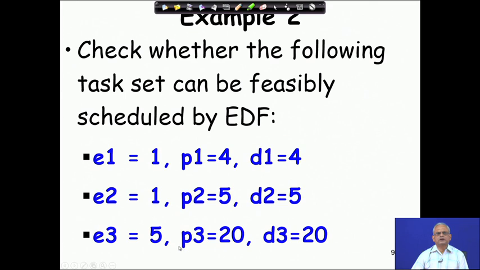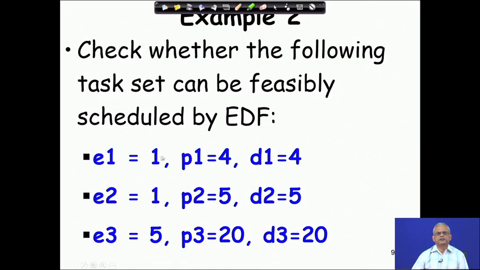This is normally the task set in a real time application, where period and deadline are the same. Vast majority of the tasks are periodic, and their period and deadline are the same, and the execution time is a fraction of the period.